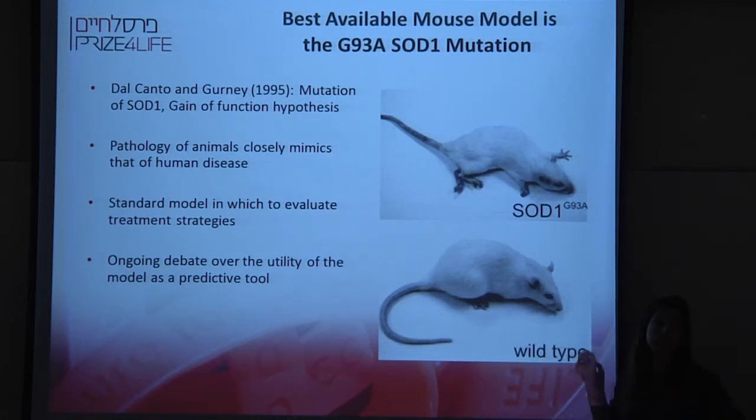But there's another difference. How did these mice get ALS? Yeah, we introduced a mutation for SOD1, so they're transgenic mice. SOD1 mutation is not common in actual ALS patients, neither familial nor sporadic. So this model captures only one type of ALS, and not necessarily the most common type.